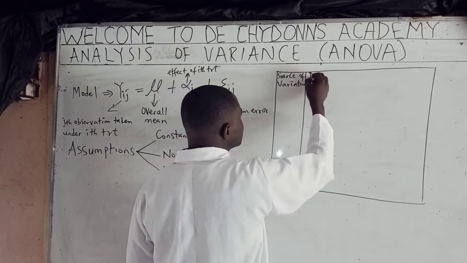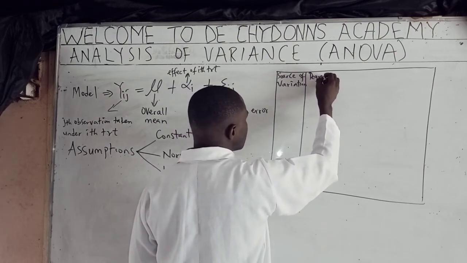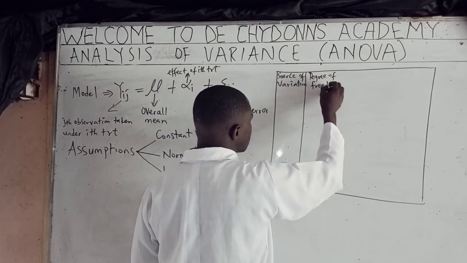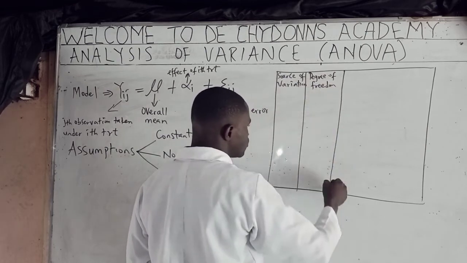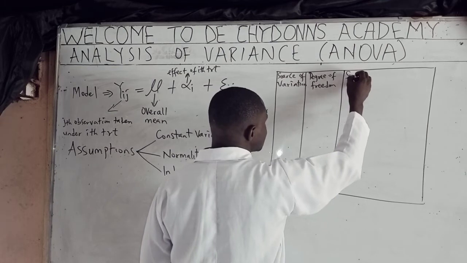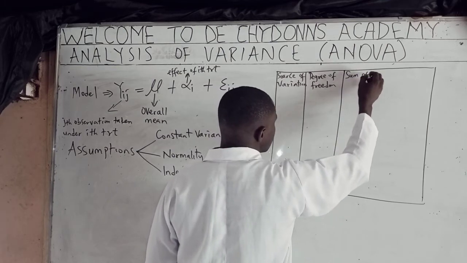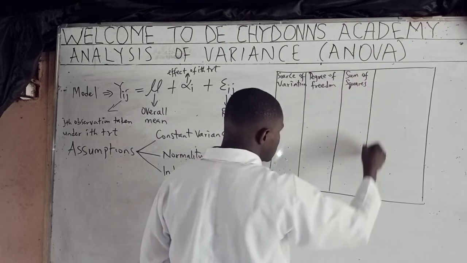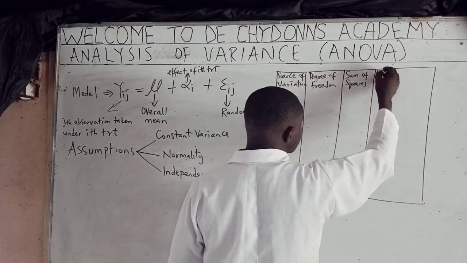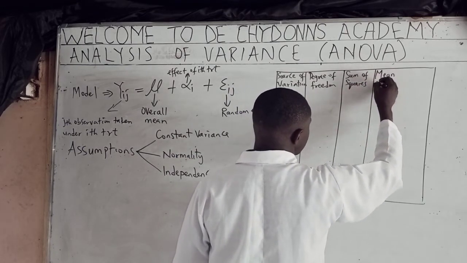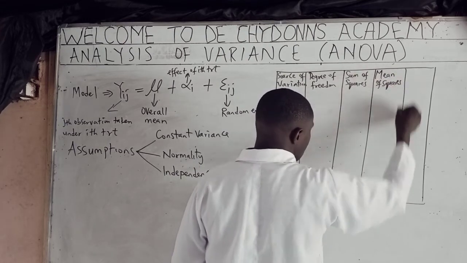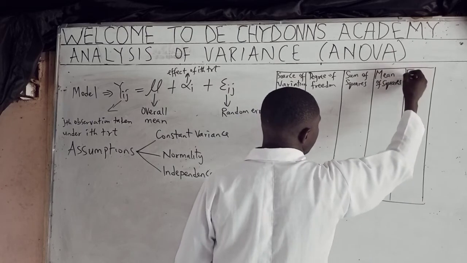Then the next one is degree of freedom, then sum of squares, then mean of squares, while the next one is F ratio.